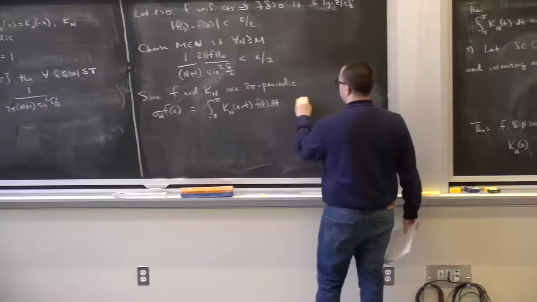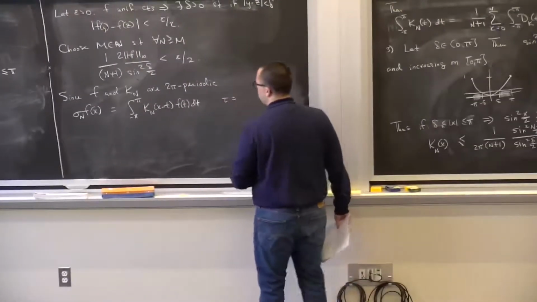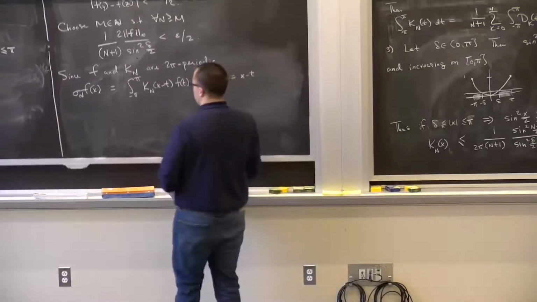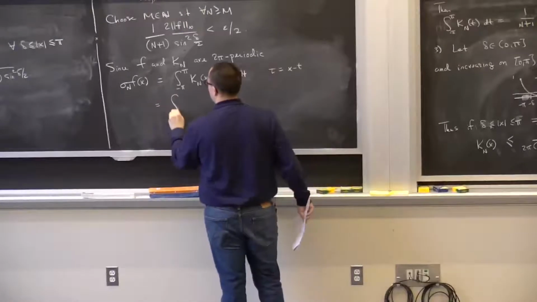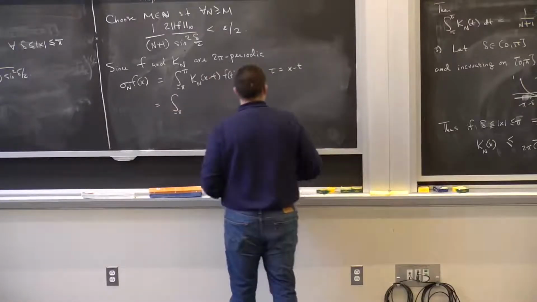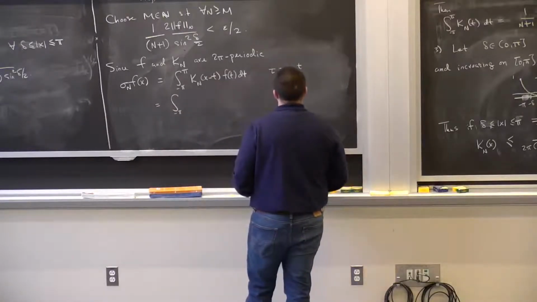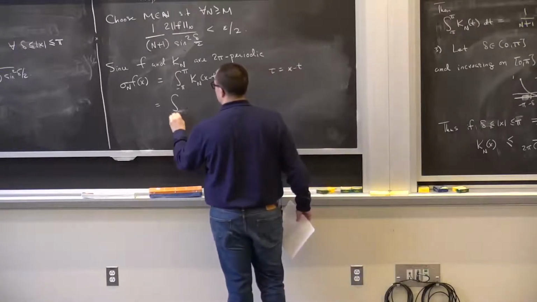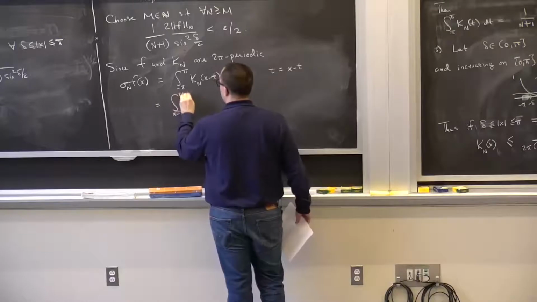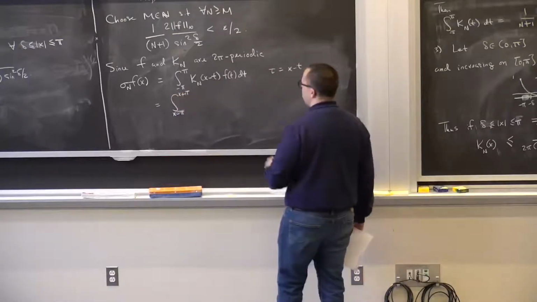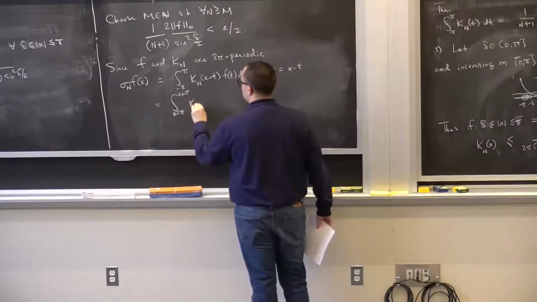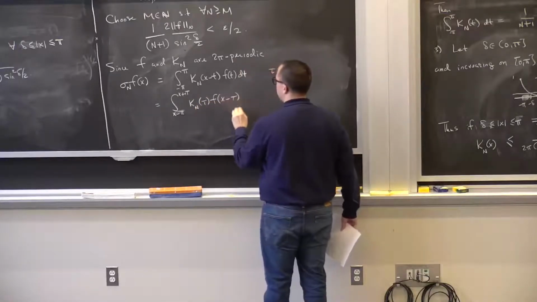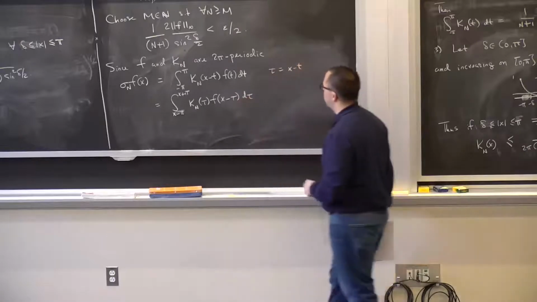I can make a change of variables, set tau equal to x minus t, and then this will be equal to the integral from x minus pi to x plus pi of kn of tau, f of x minus tau d tau.